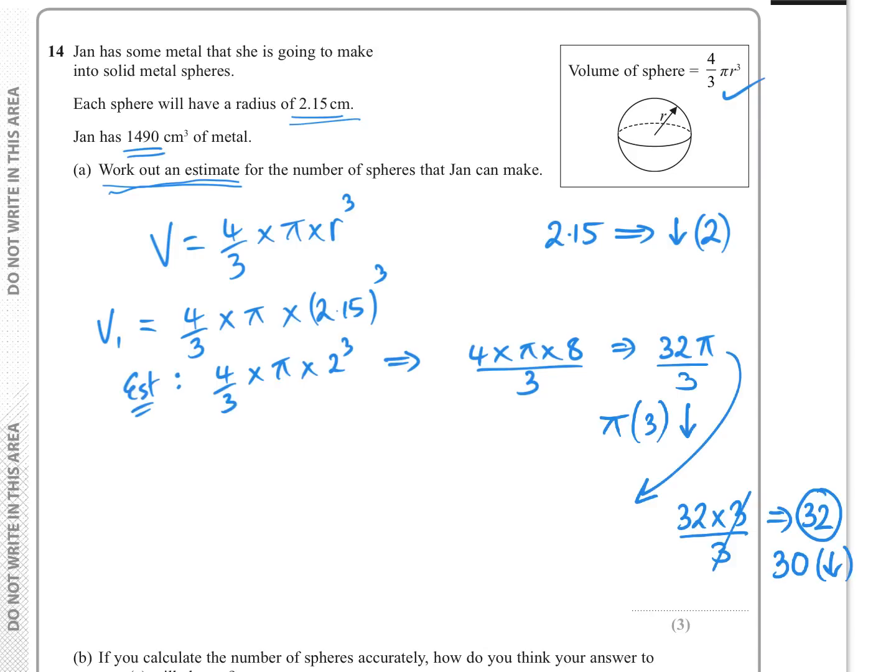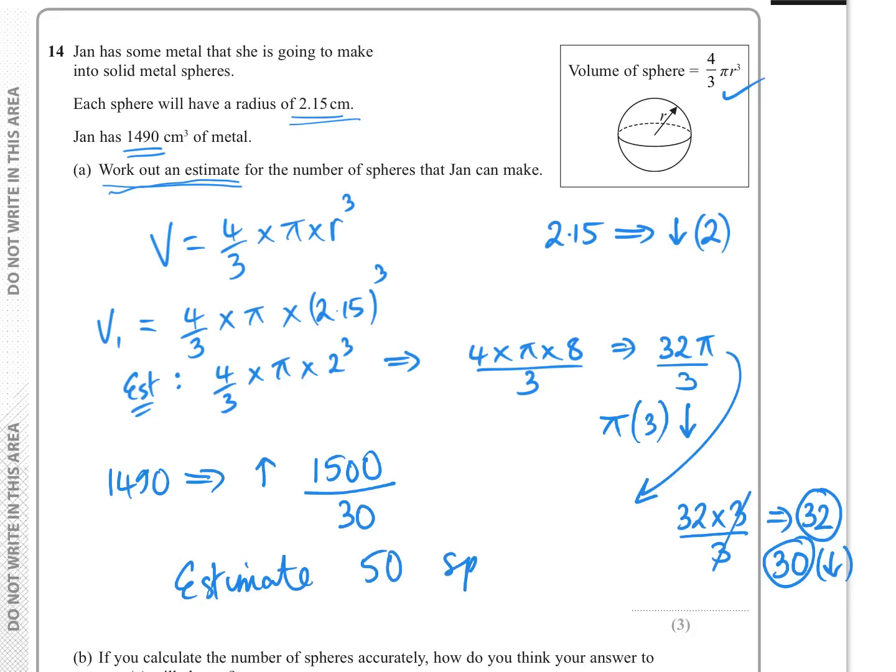Now Jan has 1,490 centimetre cubes of metal, so I'm going to round that up to 1,500, and then I'm going to divide that by the 30 here, which gives me an estimate of 50 spheres, because I can cancel these by 10 top and bottom, and 3's into 150 is 50.